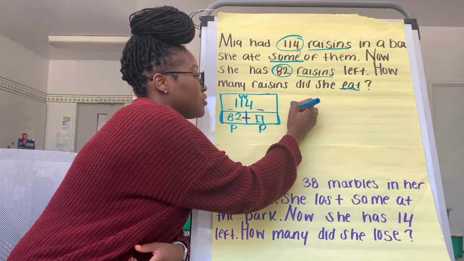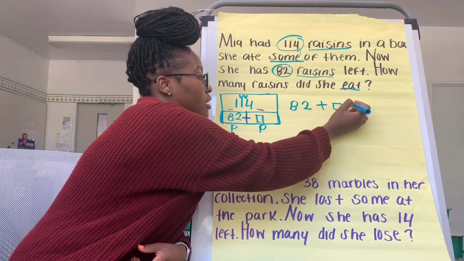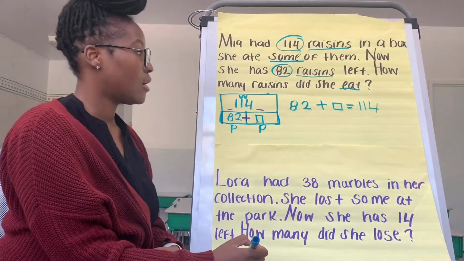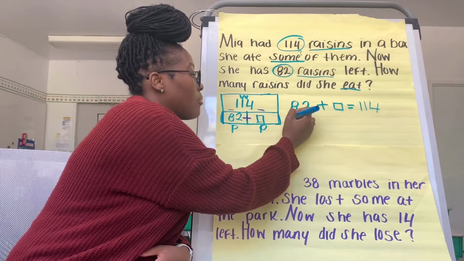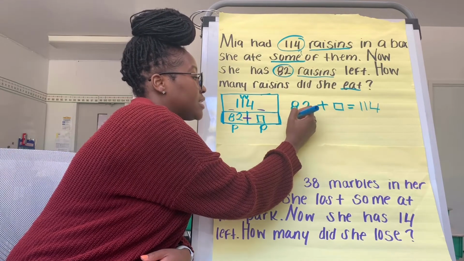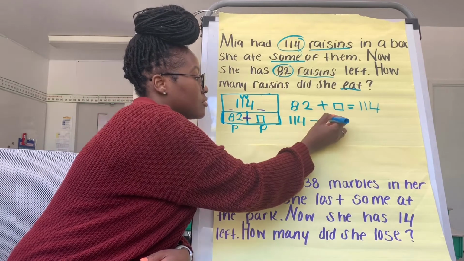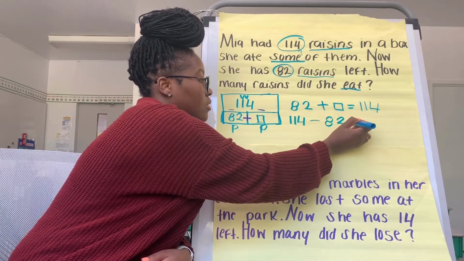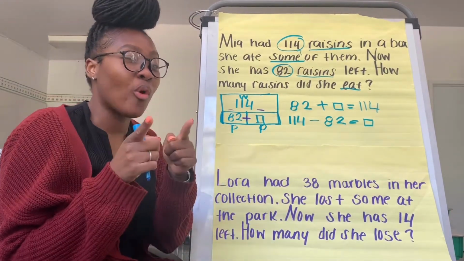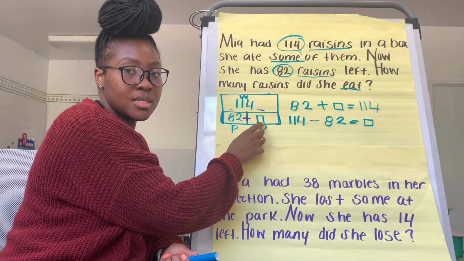I can do 82 plus my unknown part equals 114. Or I can do my whole minus my part, so 114 minus 82 equals my unknown part. Now, what's your strategy we can use to help us find that unknown part?